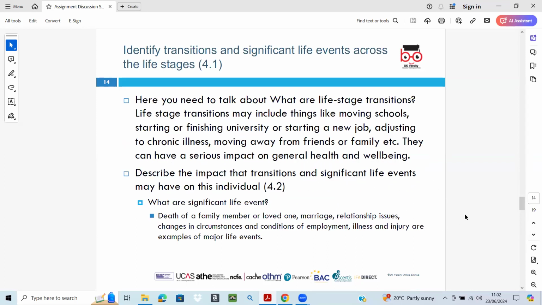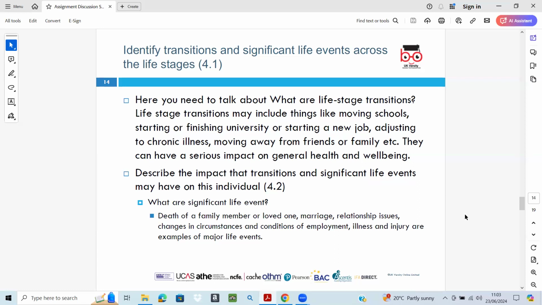Then in slide 14, we have to identify transitions and significant life events across the life stages. So that is criteria 4.1. So here we have to talk about what life stage transitions are, and for criteria 4.2. Okay. So for example, if we discuss significant life events and identifying transitions across different life stages.